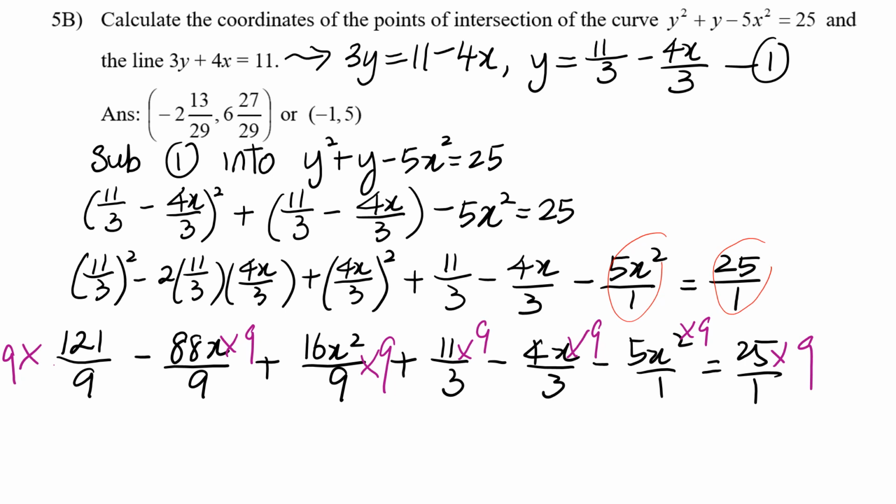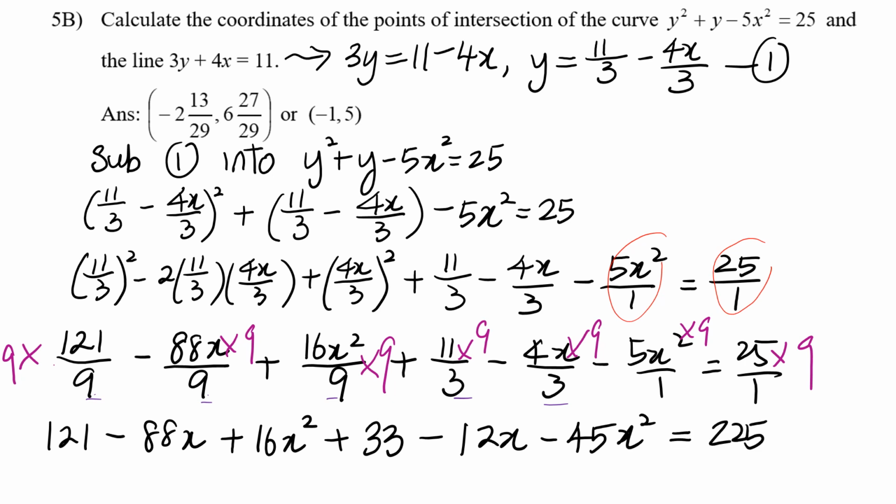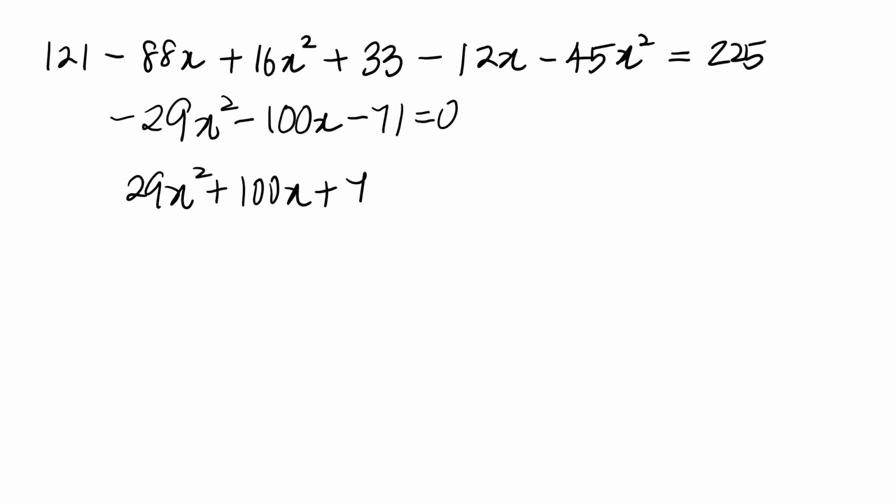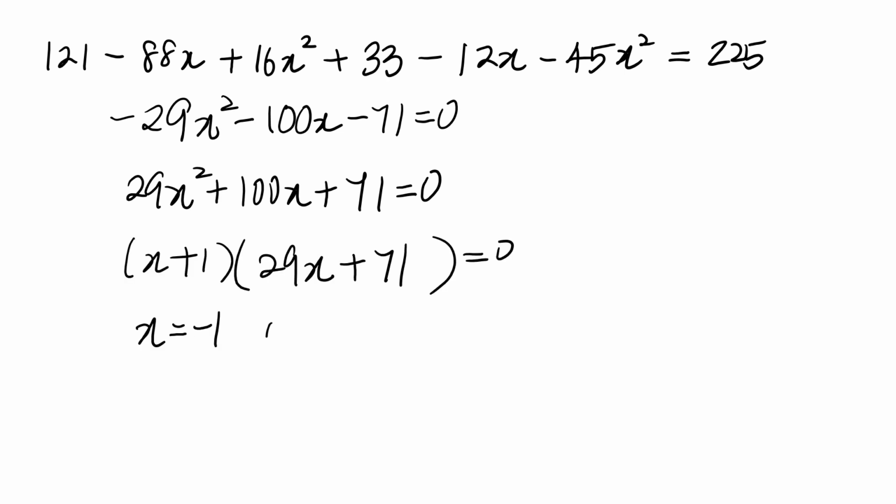The next thing is that I multiply by 9 throughout, because if you look at the denominators, the LCM of 3 and 9 is 9. You end up getting this complicated thing, but not to worry, you can just use your calculator to help you simplify into a very beautiful quadratic equation, which you can factorize using either your calculator or the cross method.